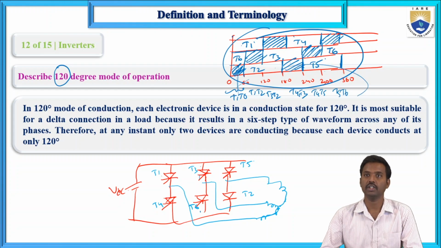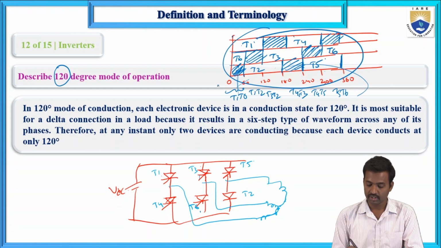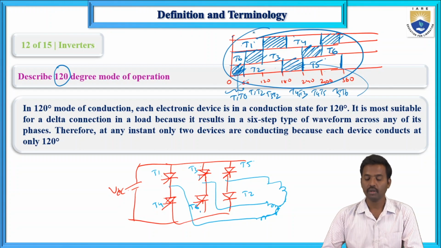Again this cycle repeats. After that, according to this scheme, you can determine the output voltage.